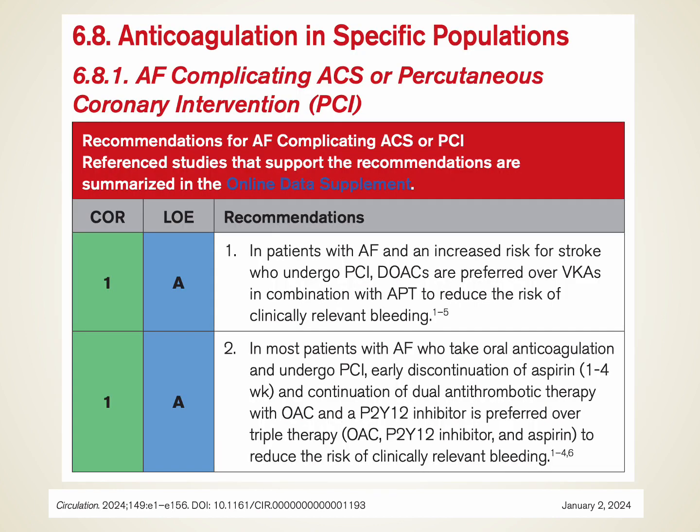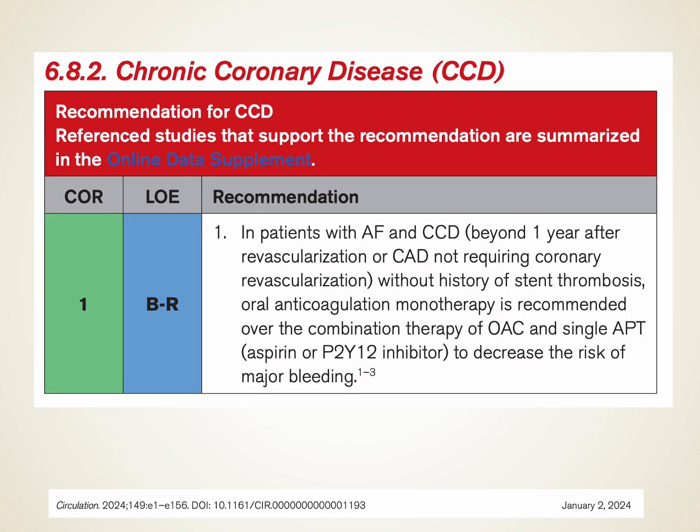With special populations, folks who are undergoing percutaneous coronary intervention, PCI therapy, with concurrent AFib, there are certain recommendations listed here, that for the most part we're looking at DOACs over vitamin K antagonists like warfarin, and that still stands here. And then they talk about the situation for dual antiplatelet therapy or the role of aspirin around the time of their procedure.